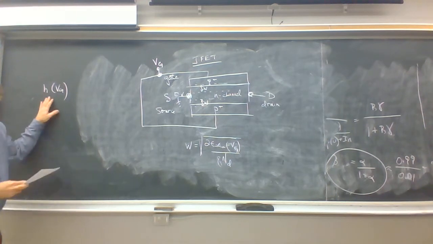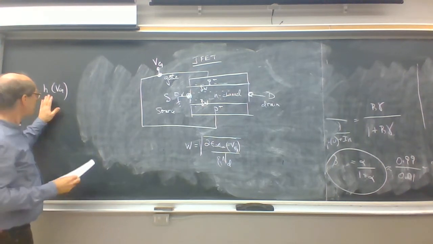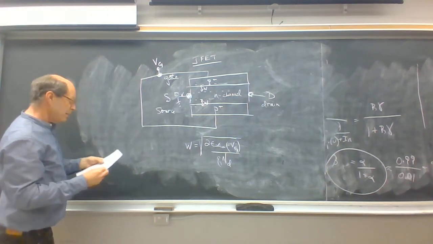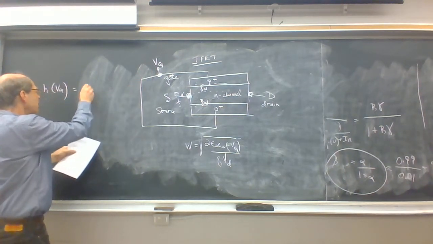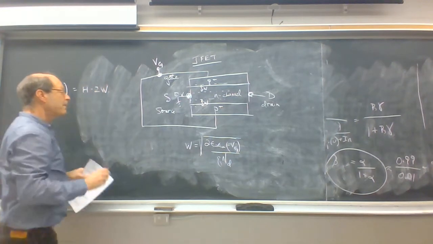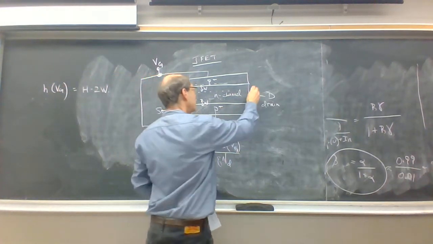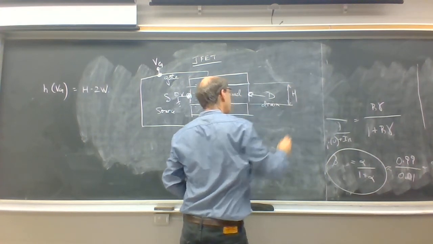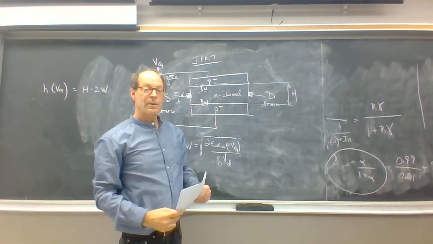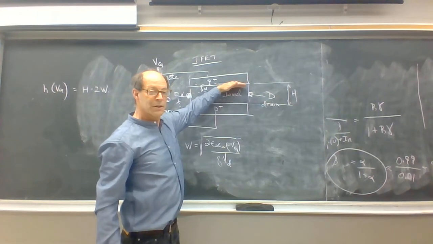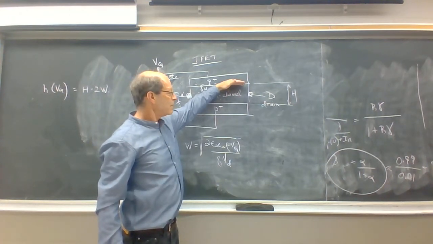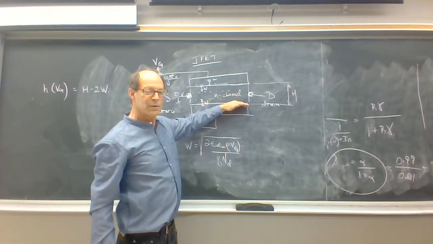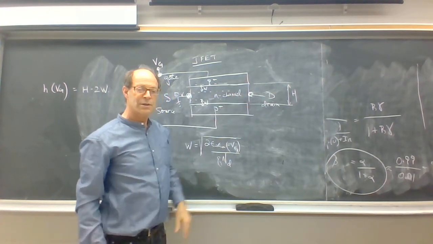The channel width is a function of V sub G, the gate voltage, and it's going to be H minus 2W, where we define H as the metallurgical junction position here relative to the metallurgical junction position there, the two metallurgical junctions.